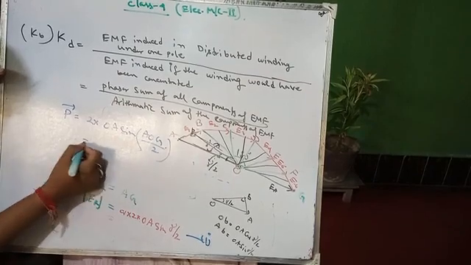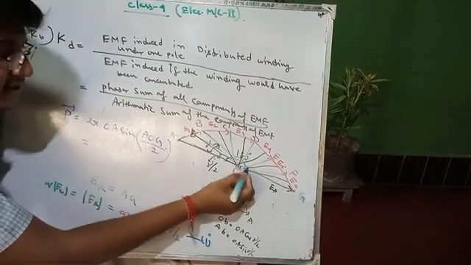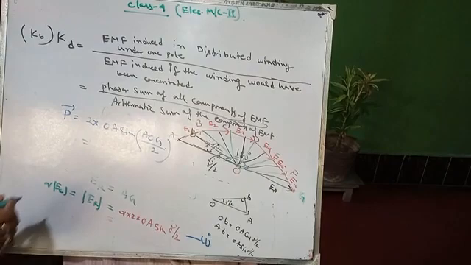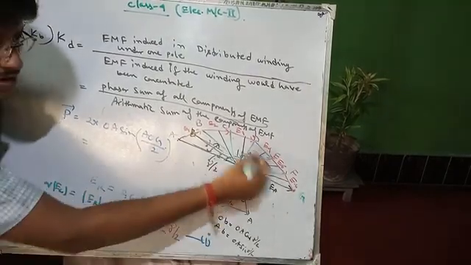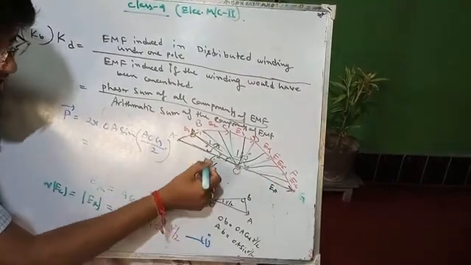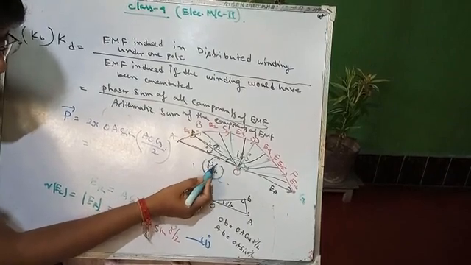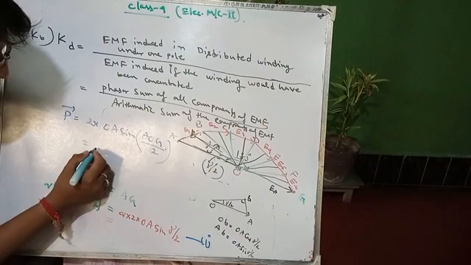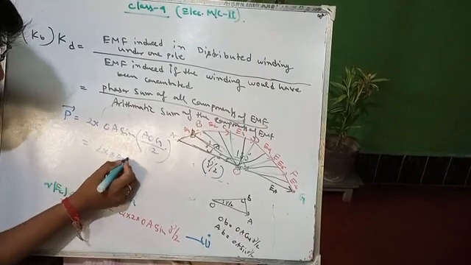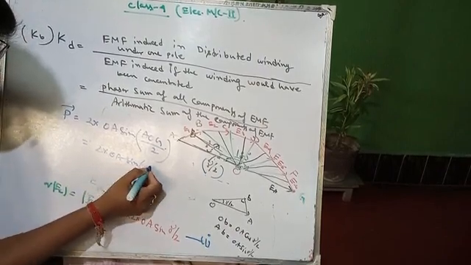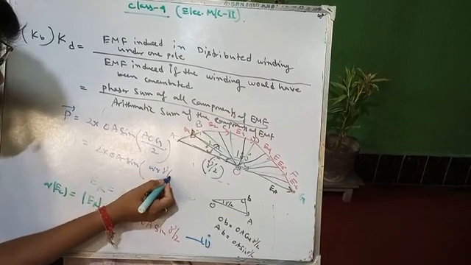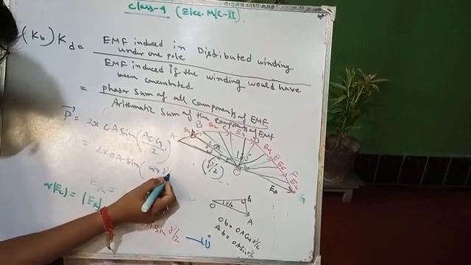Here we are taking it as 180 degrees, but actually there are small q slots, and each slot has an angle gamma. So what will be the result? 2 into OA sine q into gamma by 2.